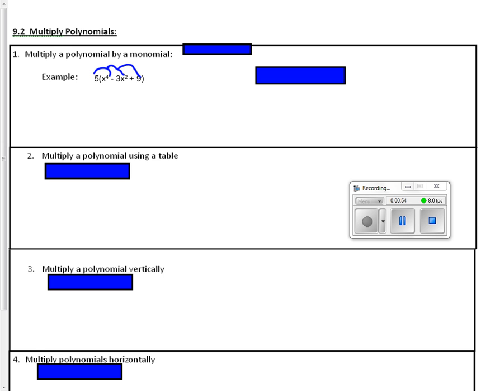When you do that, you're going to get the result 5 times x to the 4th, or 5x to the 4th. 5 times a negative 3 squared, which is a negative 15x squared. And lastly, we have 5 times 9, which is a positive 45.